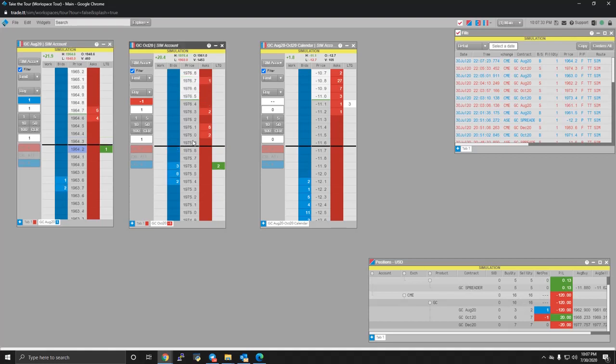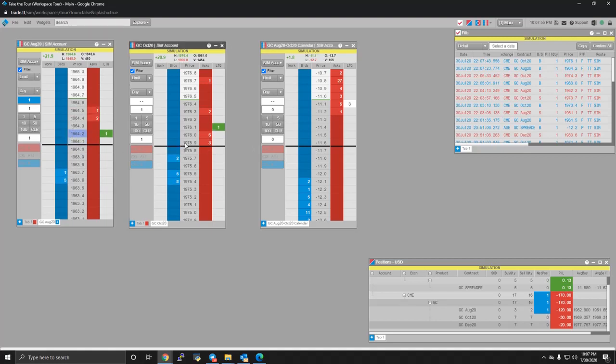I've got to flatten my October for this example. So I am going to flatten October here. Now I'm long one gold August 2020 futures contract, and I want, as a trader, to roll my long position from August into October.